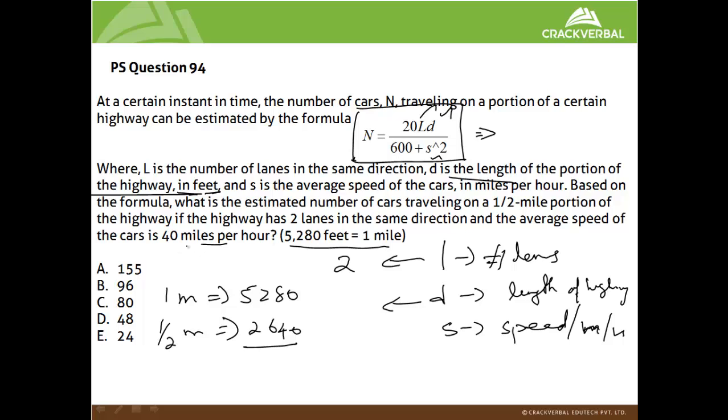Also the speed is 40 miles per hour, and in the function, average speed of the car should be in miles per hour. So everything is perfect. All we need to do is the substitution and the calculation.